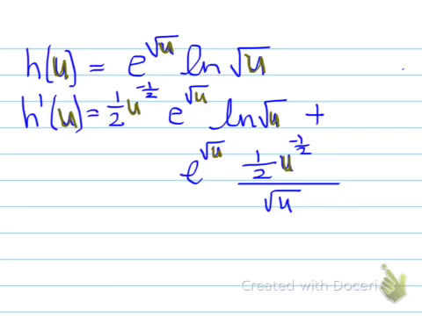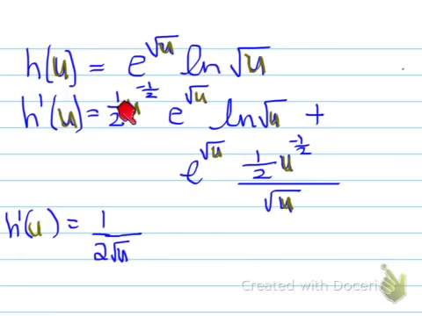What does that mean for us? Well, I'm going to pull some things out to make things a little bit easier. For example, I'm going to take out a half, because both of these, here and here, are a half. The next thing I'm going to pull out is root u. Now, where did that root u come from? Well, it came from u to the negative 1/2. Both of these have a u to the negative 1/2.